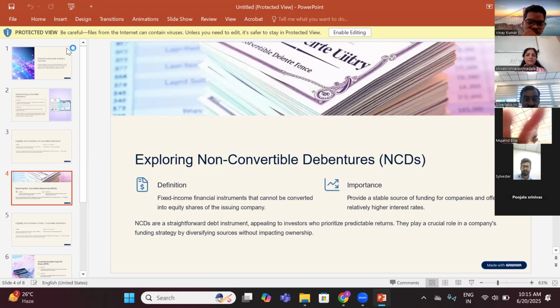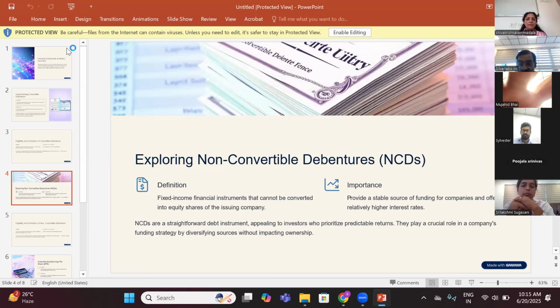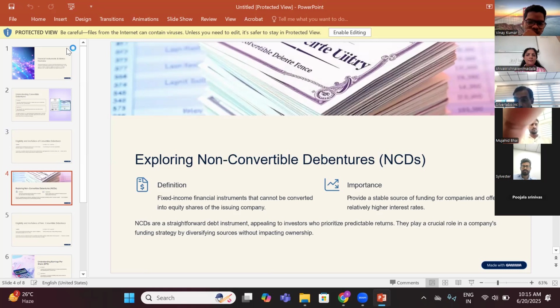NCDs are straightforward debt instruments appealing to investors who prioritize predictable returns. They play a crucial role in a company's funding strategy by diversifying sources without impacting ownership. The companies are safe in appealing to the investors, and the investors are attracted to the company's norms and principles.